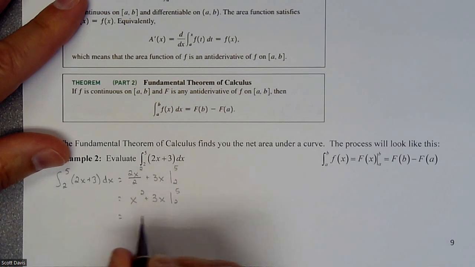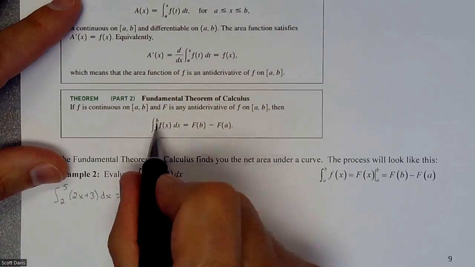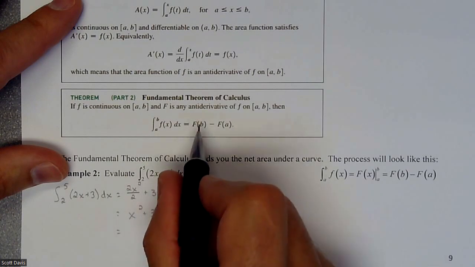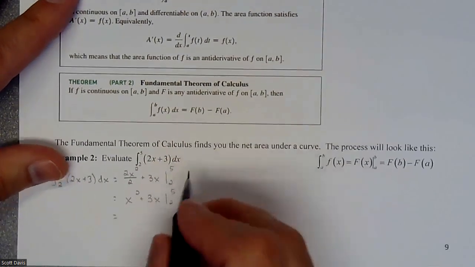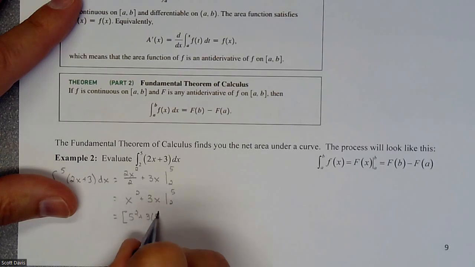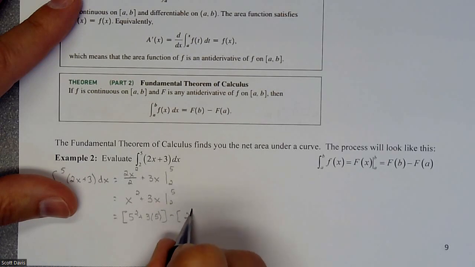Here's where the math kicks in. We've done the antiderivative, and now we're going to plug into this new equation. This equation represents the area equation from this value to this value. So we plug in the 5: 5 squared plus 3 times 5, minus 2 squared plus 3 times 2.